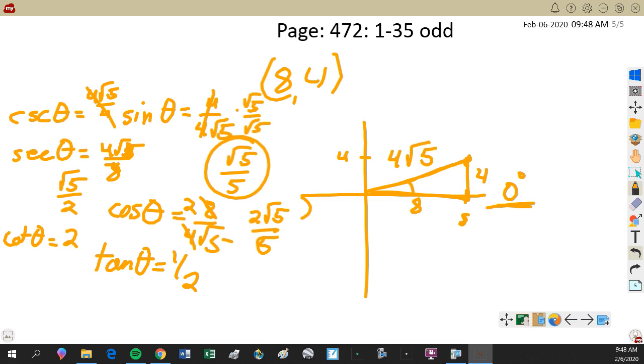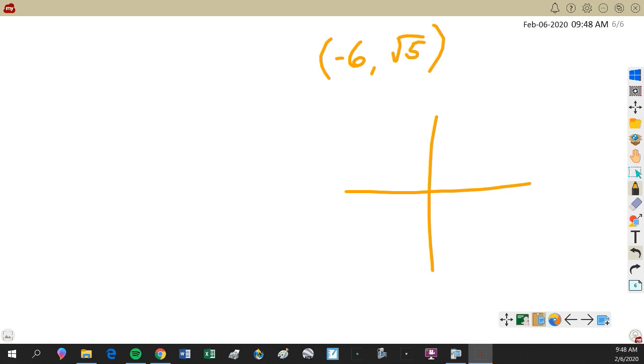Okay, let's put an angle in a different quadrant. So let's say we had -6 comma the square root of 5. What quadrant does that lie in? -6 comma root 5. Which quadrant is that? 2.